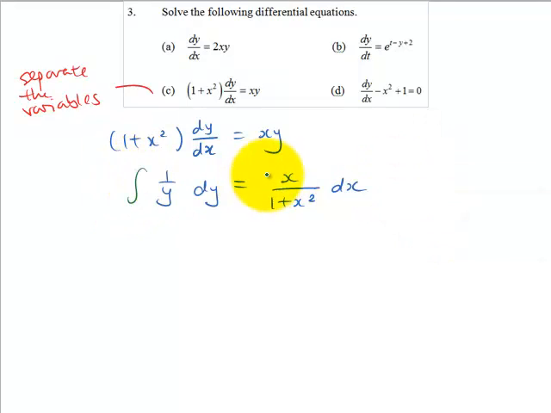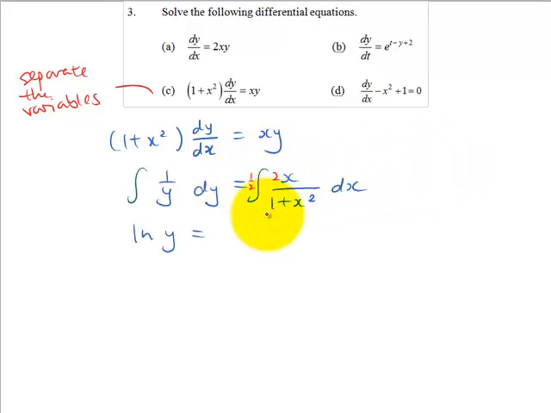So now I just have to integrate both sides. So integrating 1 over y is just ln y. Integrating x over 1 plus x squared, you will have to do integration by substitution. So differentiating the denominator, I get 2x, so I need a 2.